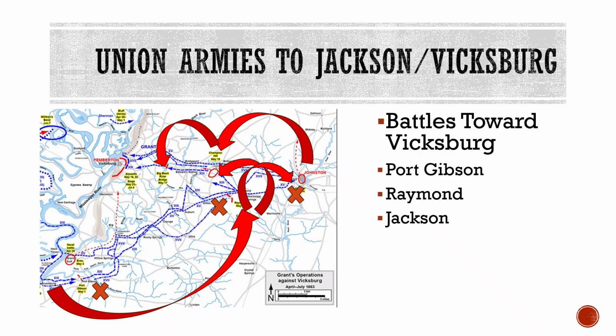At this point, the armies split up. Some of them go to Jackson, where they basically take the city pretty easily, and then others move to Champion Hill, which is basically where General Pemberton retreats from after they have made a stand at Big Black River. All of these battles are won by Union forces quite easily.